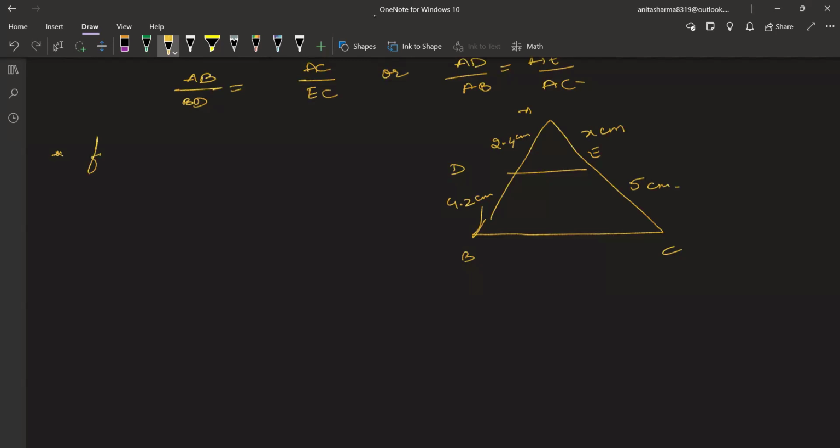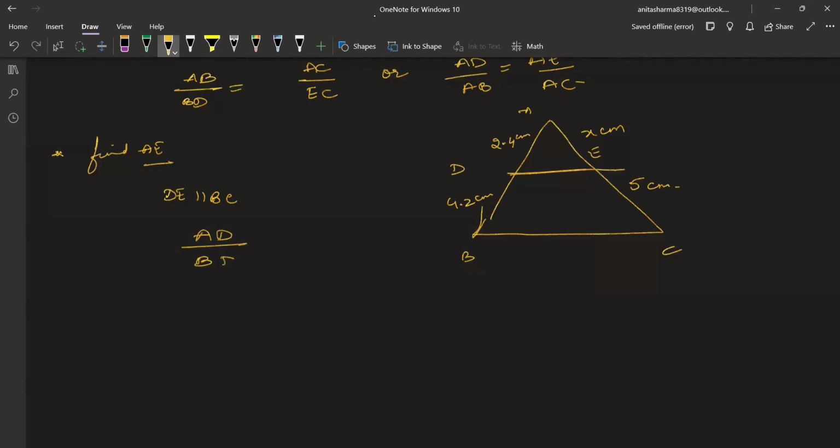So here DE is parallel to BC, right, beta? So if in any triangle a line is drawn parallel to the third side, then the sides should be in ratio.